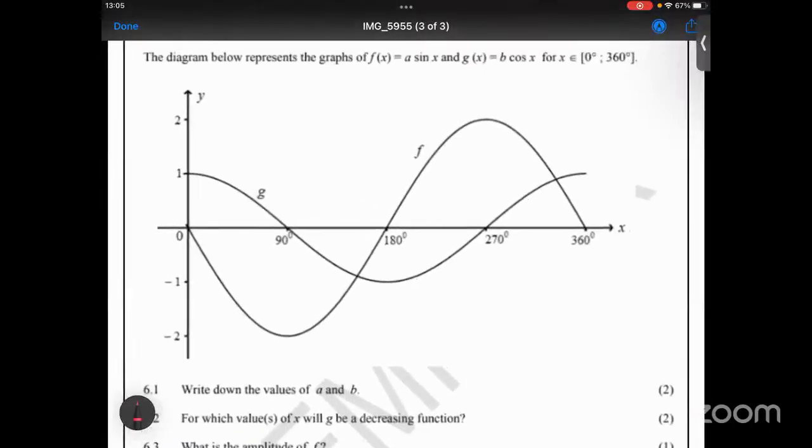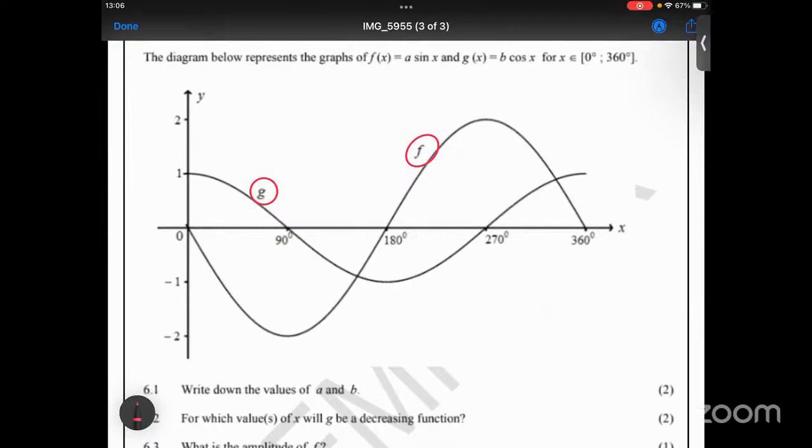You need to be aware that A is for that one of sine x, and then B is the one for that. So this is the one for F, and then this is the function for G. That's how you interpret it to find out which function is for which. And then we know that that A value is in the position of the amplitude.